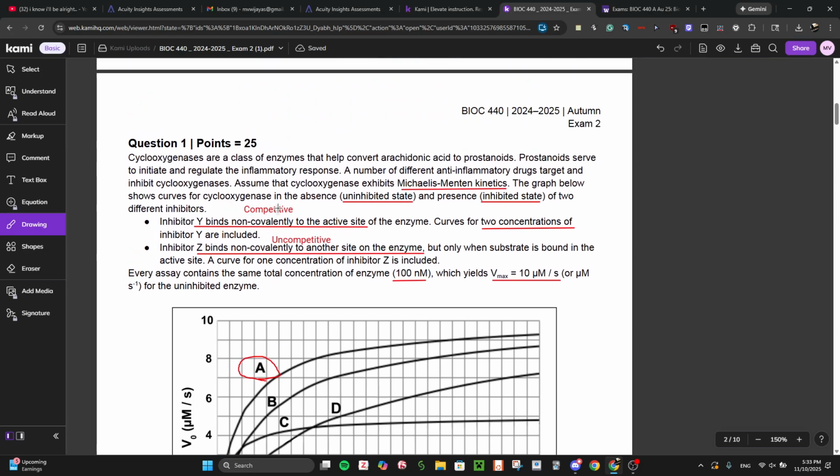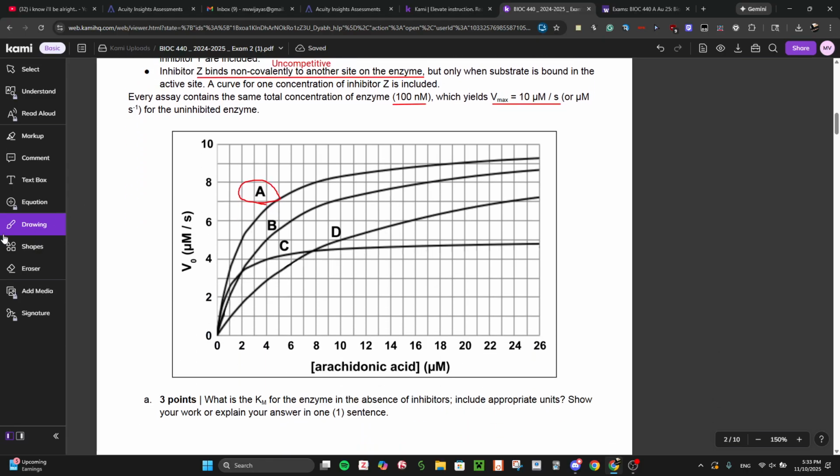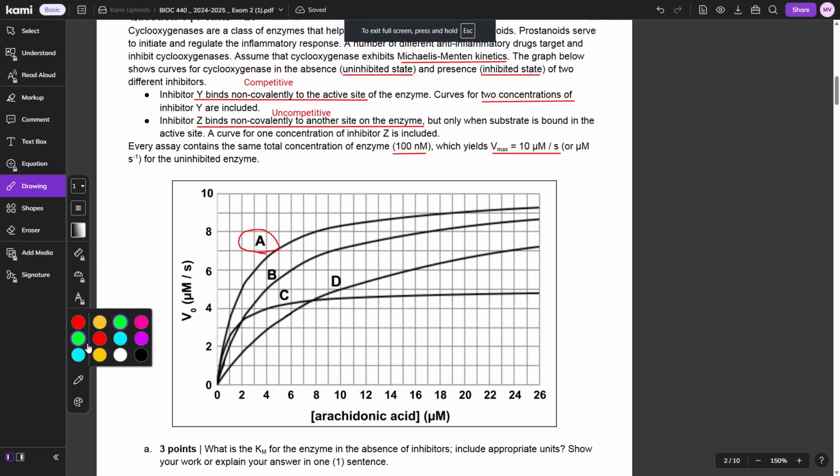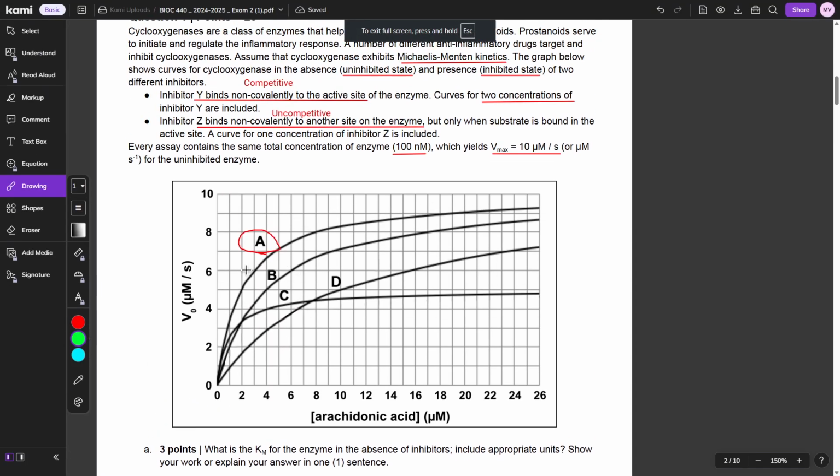So that's what I'm looking for when I'm looking at these graphs. If we're looking for competitive, we're expecting to see an increase in Km, and there's two of the graphs that have an increase in Km. If I look carefully here, the ones that I see that have an increase are B, so B has an increase in Km, and so does D. And C is the odd one out with a decrease.